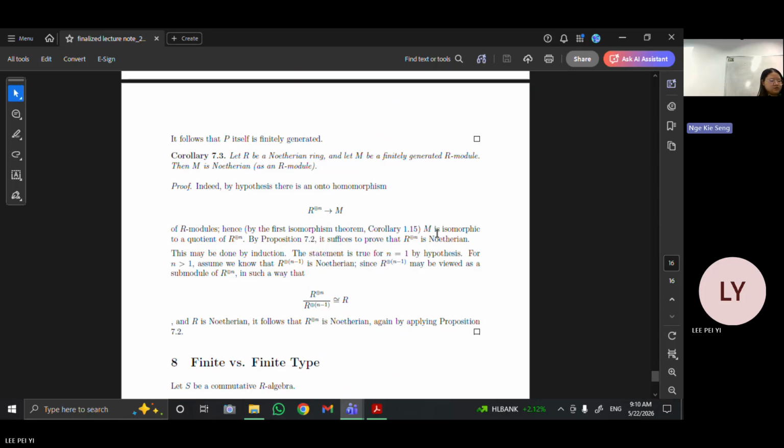And we assume that R^(n-1) is Noetherian, then R^n over R^(n-1) is isomorphic to R. Since both R^(n-1) and R are Noetherian, then the proposition implies that R^n is Noetherian, hence M is Noetherian.